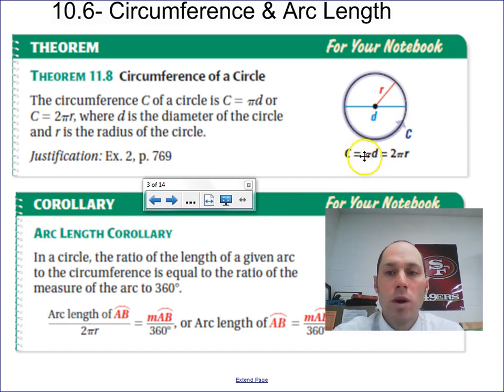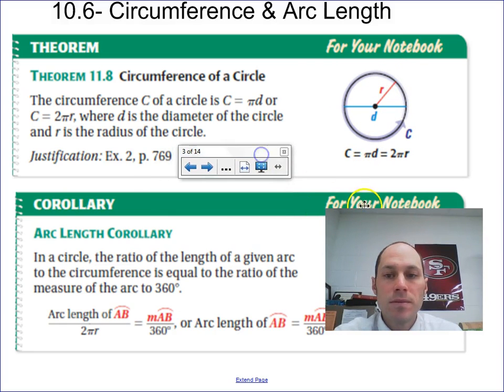Pi is about 3.14. So 3 diameters plus a little bit more gives us our circumference. And it's true for every circle. So 2 times pi, so 2 times 3.14 is about 6.28. So about 6.28 radii gives us our circumference.